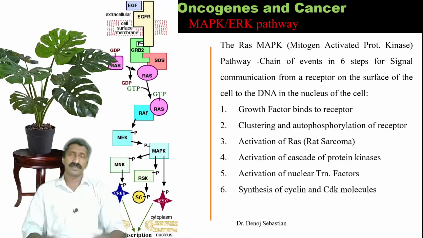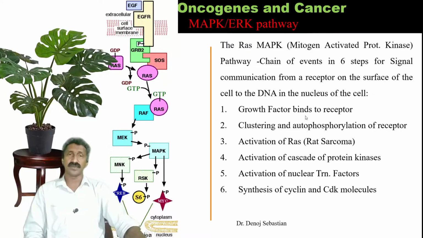Here, you can take the example of MAPK or mitogen activated protein kinase and ERK pathway, and you can see the various stages. The first one is the MAPK kinase pathway, a chain of events in 6 steps for signal communication from a receptor on the surface of the cell to DNA in the nucleus. So that pathway is illustrated well here.